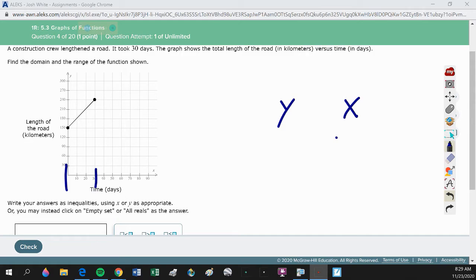So we need to represent all of them. So this is what we do. We started at 0 and we ended at 30. So x is somewhere between 0 and 30. So we need to choose the correct symbols. Less than or equal to.